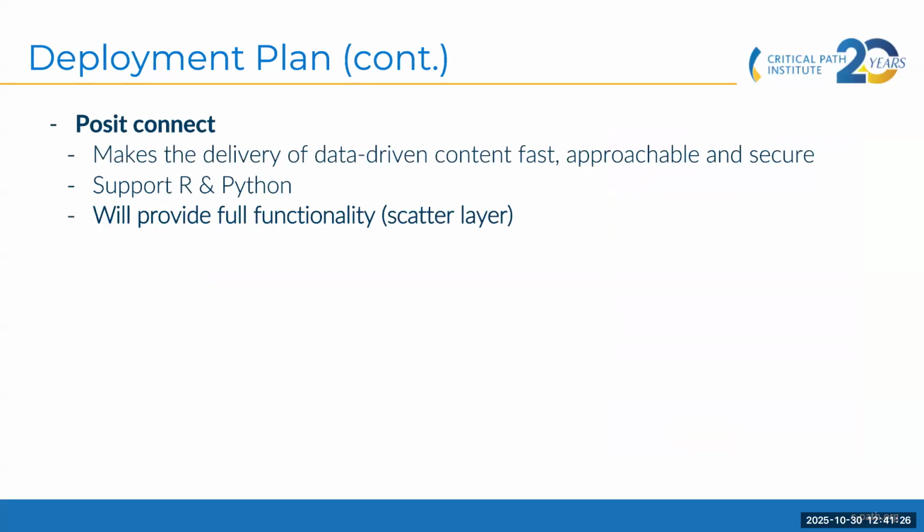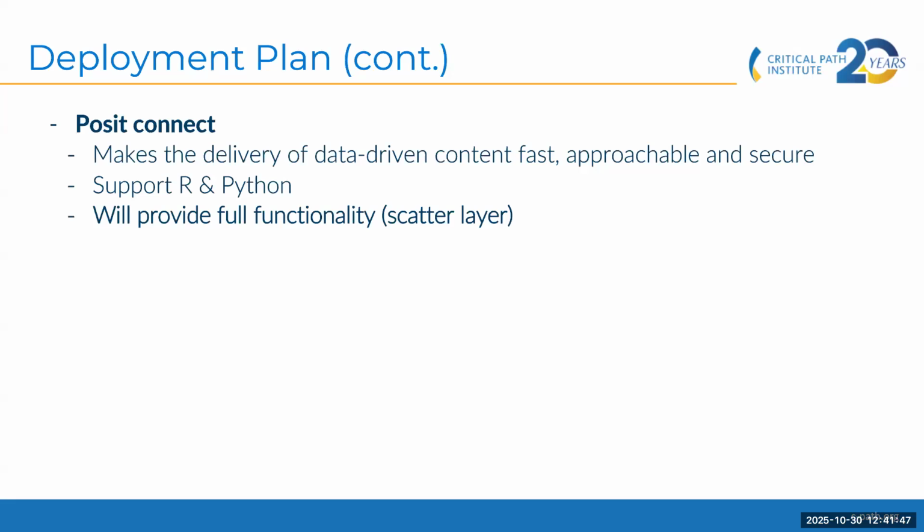Currently the tool is hosted on shinyapps.io, but because of certain compliance issues with the data, like it was mentioned a second ago, we are not currently able to make the scatter layer visible for this version. That is not an option.